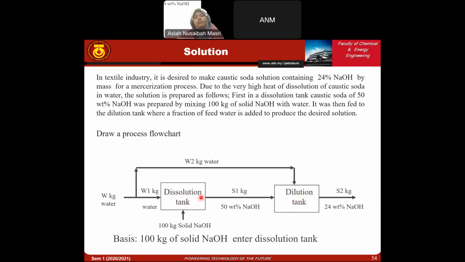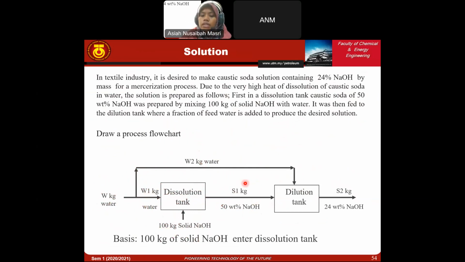We also have several unknowns. What are our unknowns? We don't know how much is our feed water, W, in kilograms. We also don't know how much fraction of it was bypassed. We don't know W2. We don't know how much was fed into the dissolution tank, W1. We know the amount of solid NaOH, which is 100 kilograms.